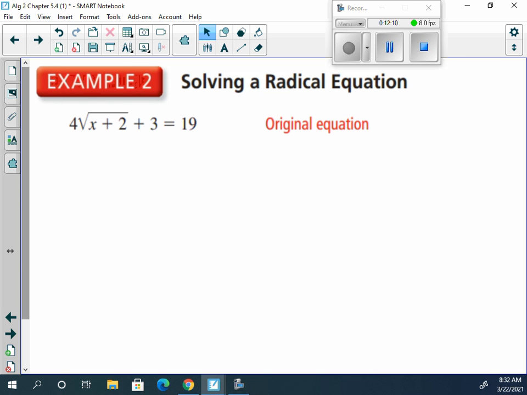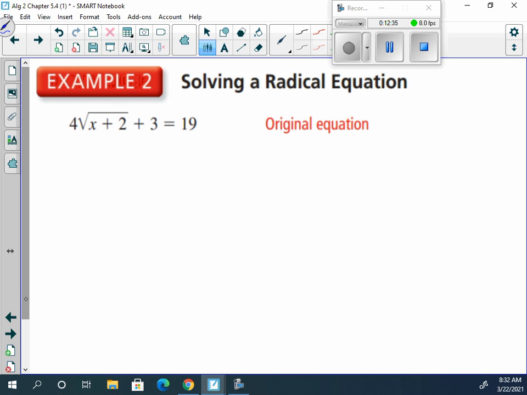So when we look at this here, how many things do we have with the radical? Because we have the 4, yes, and the 3. Now there is a 2, yes? 2 is inside the radical, yes? So since we have an x plus 2 inside the radical, we're not going to worry about it yet.